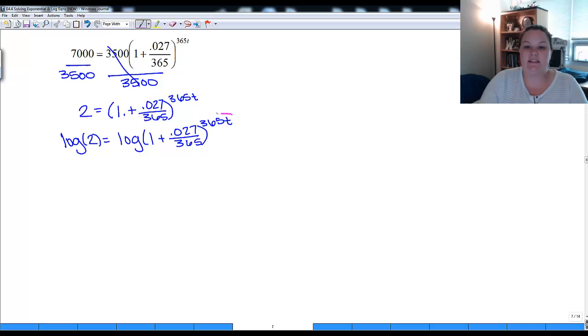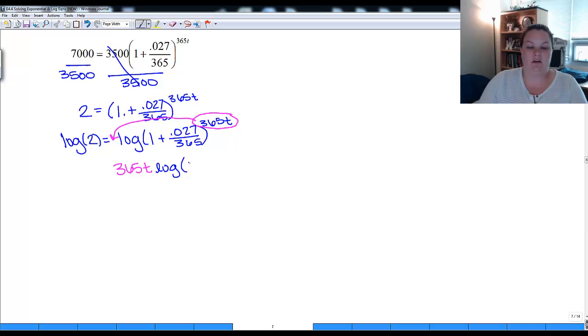And t right now is stuck to this 365 that's up in the exponent. So by taking the log, I can now use that property that says if I have an exponent, I can pull it out front as a coefficient. So I'm going to pull this down in front, so I have 365t times log of that nasty.